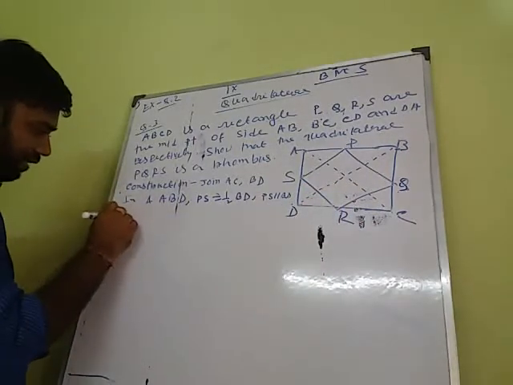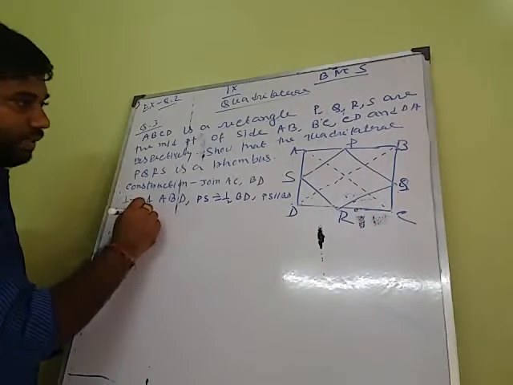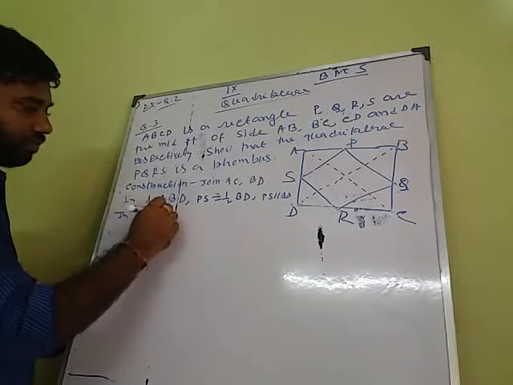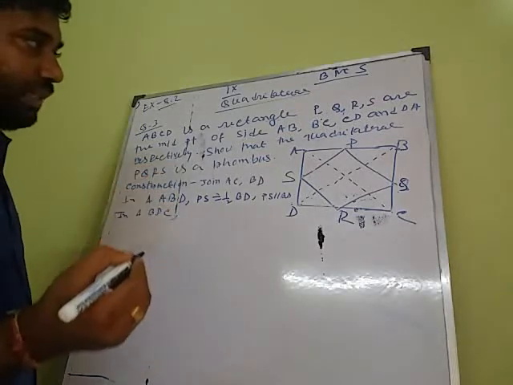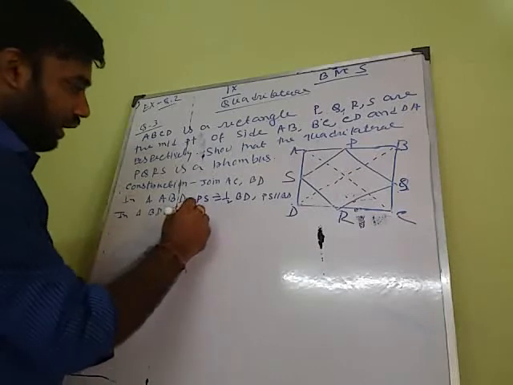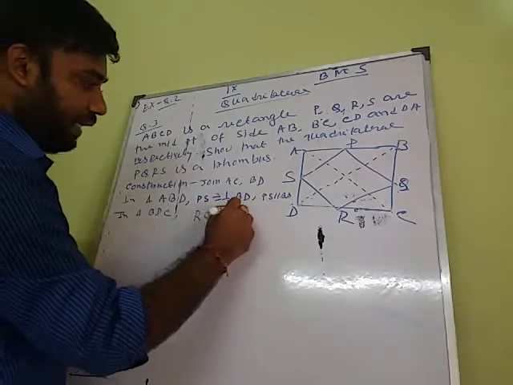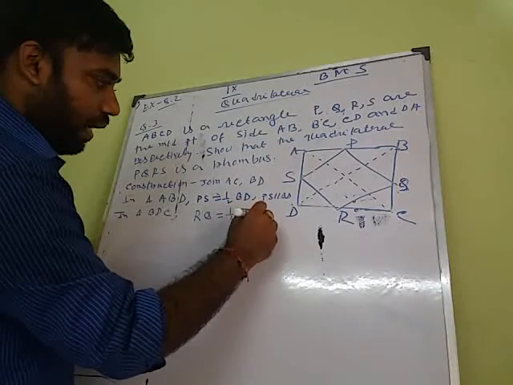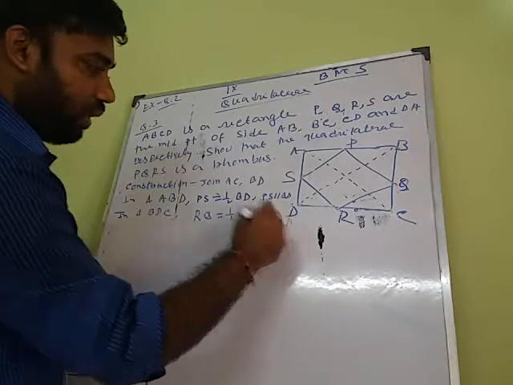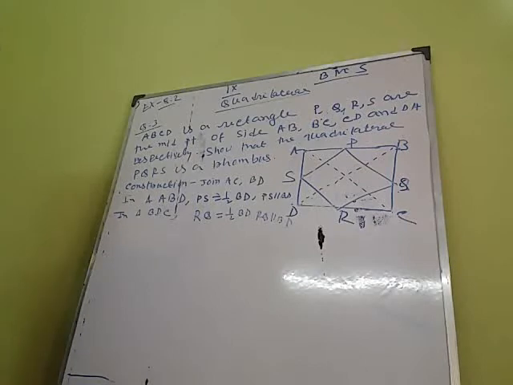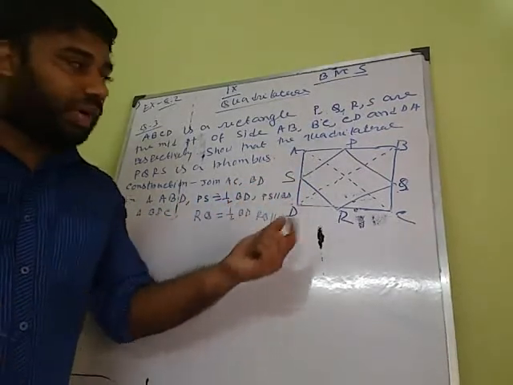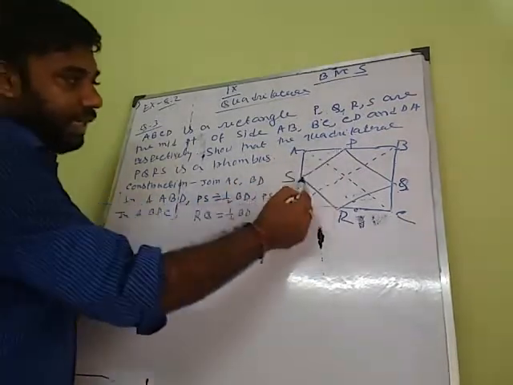Now in triangle BDC, RQ equal to half of BD and RQ parallel to BD. Why are these two equal? Because by the midpoint theorem, R and Q are the midpoints.